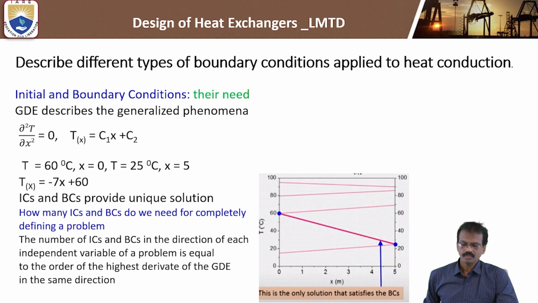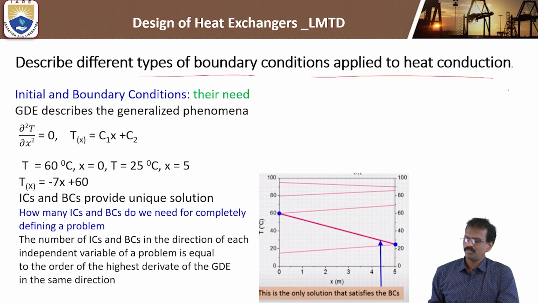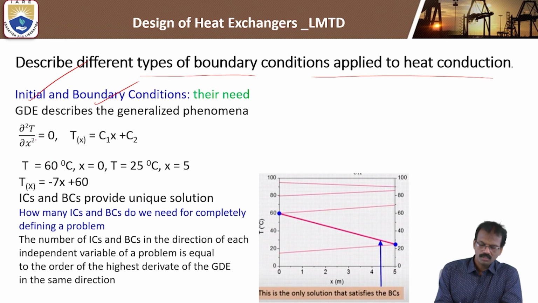Okay. Next, describe the different types of boundary conditions applied to heat conduction. Boundary conditions are very important to find the heat transfer rates between two temperatures like this. There are two types: initial conditions and boundary conditions. The general differential equation describes the generalized principle.